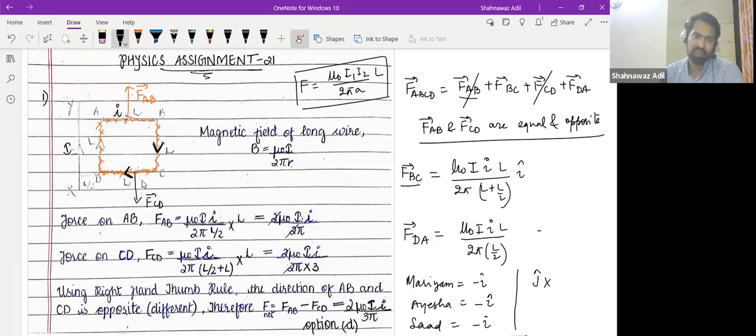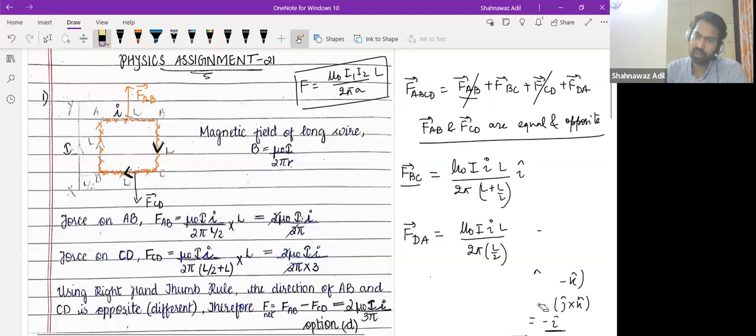And the magnetic field is the same, minus K. So J and K gives I, so minus I. So I can always check with the IJK method. So this would be minus.